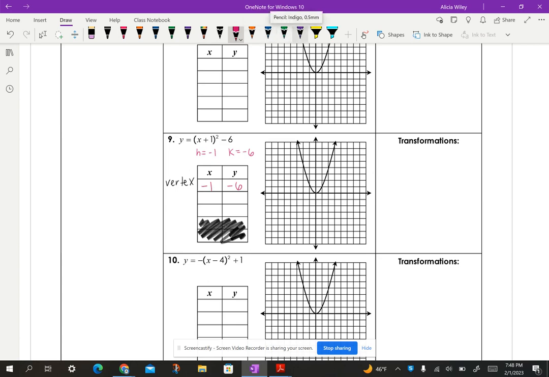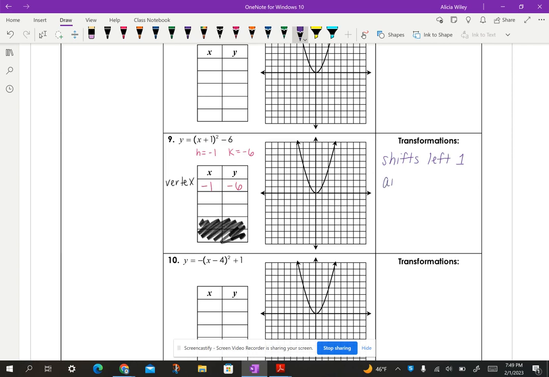So when I go to describe this, over here in this box where it says transformation, you're going to describe this. Since h is -1, I'm going to say that my graph shifts left 1. From the parent function, my graph's going to shift left 1. But because of the k value, it's also going to be shifting down.